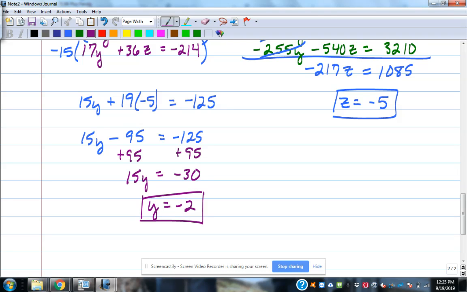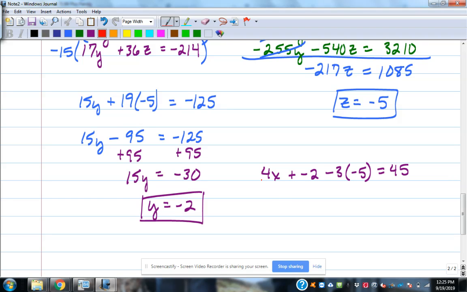Whether you plugged into the one I plugged into or the other one, you still should get Y equal to negative 2. And then how do I get X? Go back to an original. I'm just going to go to the top one: 4X plus negative 2 minus 3 times negative 5 equals 45.